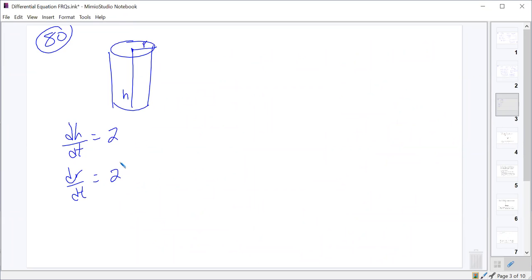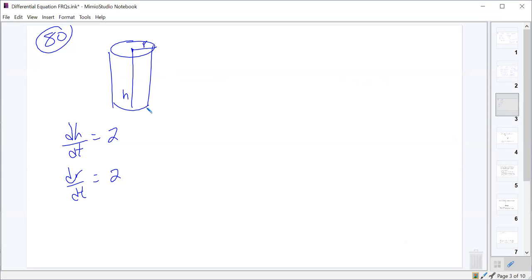We want to know what is the rate in square feet per second at which the lateral surface area increases. So lateral surface area is just the surface area of the part going around it, not including the two bases.